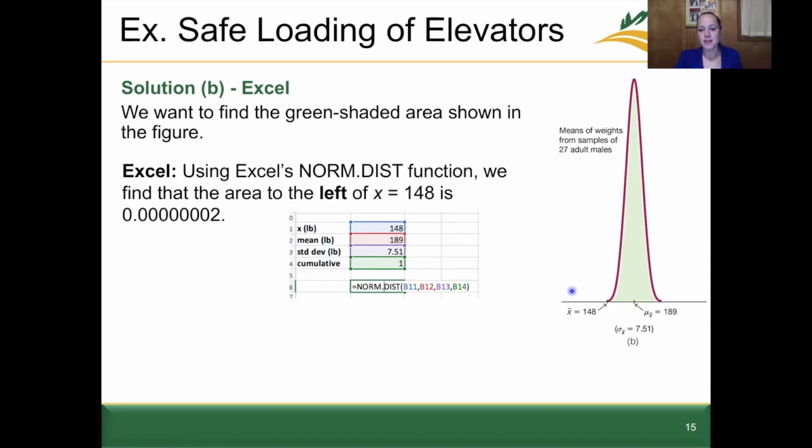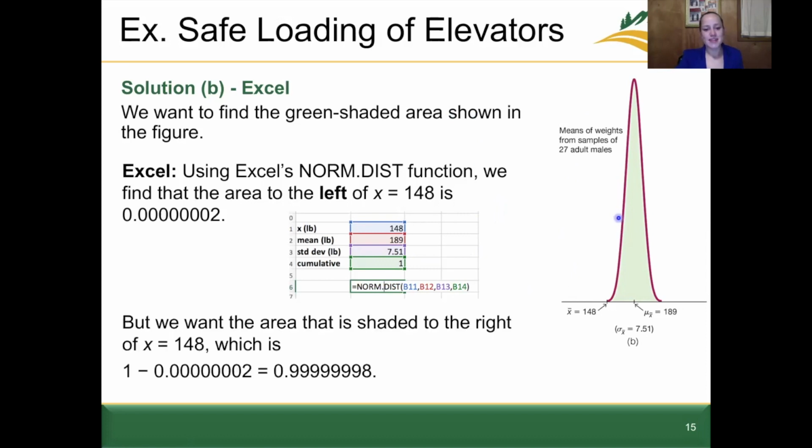So we're finding this cumulative area to the left here. So everything to the left of this curve. When we hit enter, we're going to get a really small value, so 0.000 something 2. This is giving us our cumulative area to the left of the curve. We want this cumulative area to the right. So again, we're going to take 1 minus this small value to get our true value.